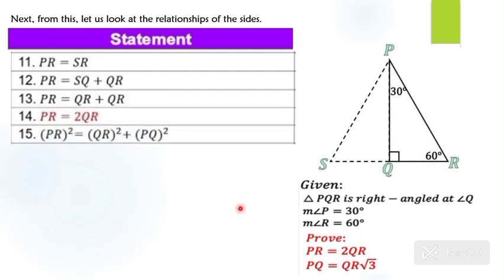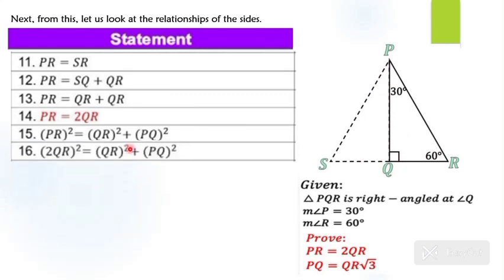Now, in number 15, by the Pythagorean theorem, since this is a right triangle, we could create this Pythagorean theorem formula. So just simply substitute the PR. We have PR squared is equal to QR squared plus PQ squared.